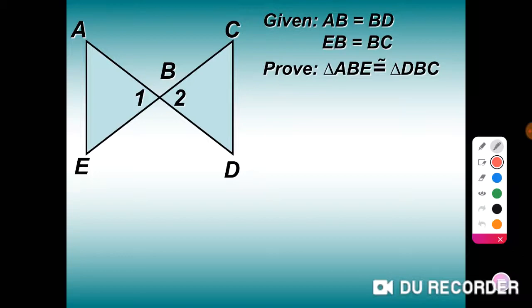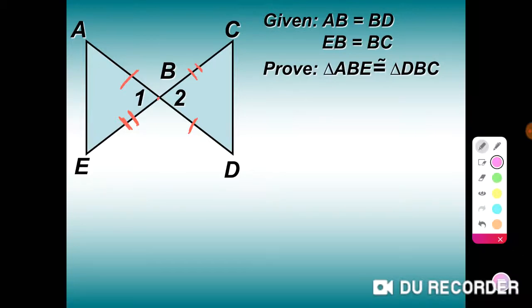Where is AB? AB, yes, this is point P, is congruent to BD. Okay, and then EB is congruent to BC. Okay, AB is congruent to BC. So the required is to prove that the 2 triangles are congruent, and the 2 triangles I'm going to deal with are ABE and the second one is DBC.